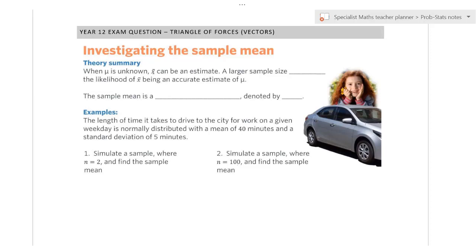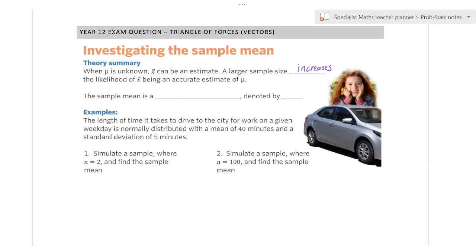So, investigating the sample mean. Let's just work through this together. Theory summary: when mu is unknown, the sample mean can be an estimate. A larger sample size increases the likelihood of the sample mean being an accurate estimate of the population mean.